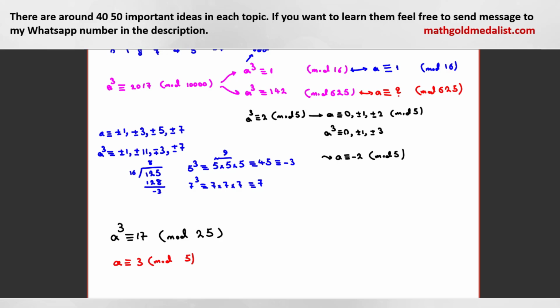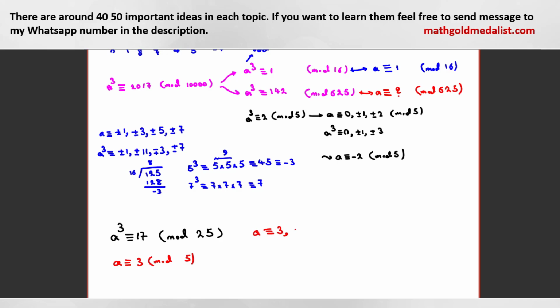Teacher, is A congruent to 23 mod 25? 23, okay. You've checked only the numbers at mod 5 or 3, right? Yeah. Okay. We can say A mod 25 is 3 or what? We should check what numbers. 3, 13, 23. Next one is what? 13.